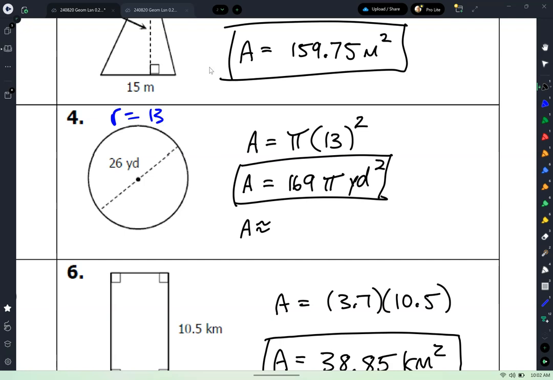Okay, so get the approximation by taking 169 and multiplying it by, if you have a pi button on your calculator, which if you have a reasonable scientific calculator, you'll have a pi button. That's the easiest way to get the best accurate answer. Okay, if not, then you can use 3.14159. So if you don't have that, I would say the closest you're going to get would be to use that.